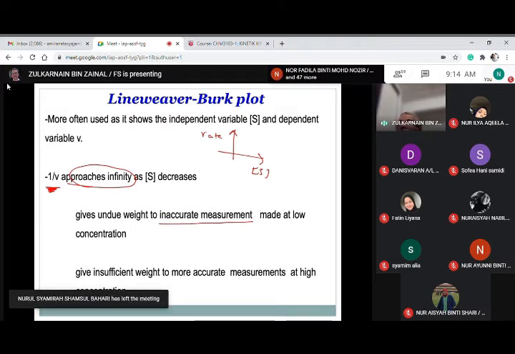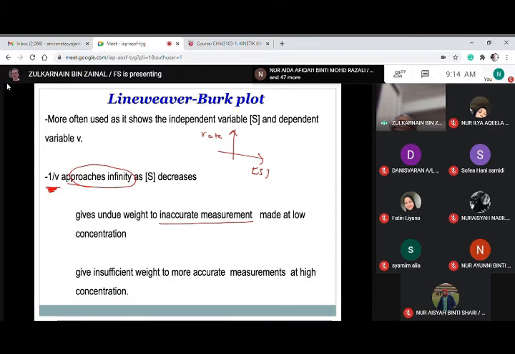The second one is that it gives insufficient weight to the more accurate measurements at high concentration. At high concentration, the values are very accurate.